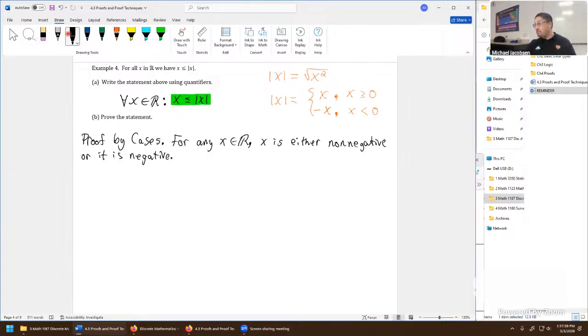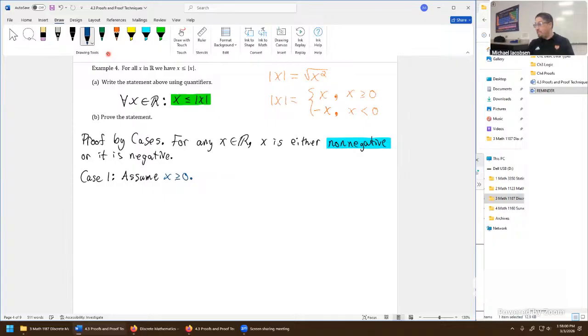So we'll say here to start, case 1. Assume x is, let's write it out this way. I want to assume x is non-negative. But let's use this form. Assume x is greater than or equal to 0.